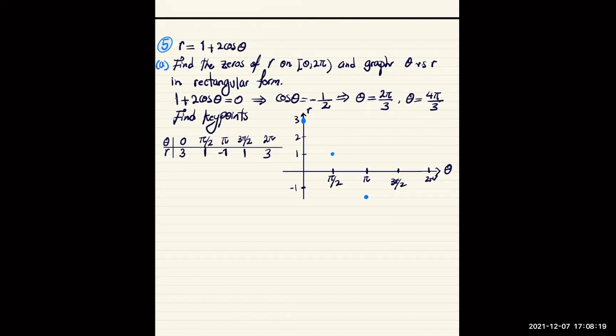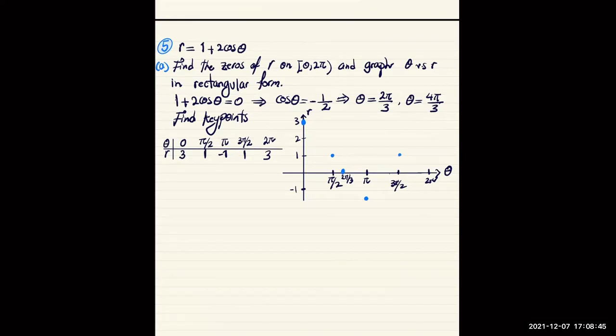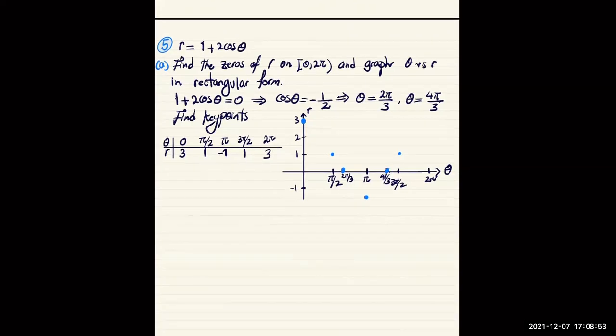It's gonna pass its 0, and that happens right here at 2 pi over 3. That is the 0. Count that as one of the key points. At 3 pi over 2, r is going to be 1. Okay, so we have another 0 somewhere in there, right here, where we have 4 pi over 3. And then at 2 pi, r is 3.